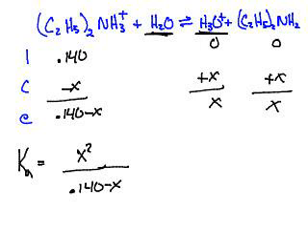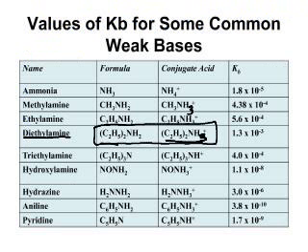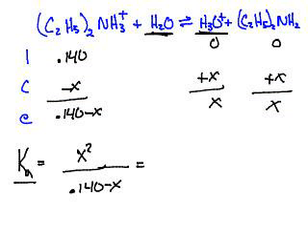Now I must use the Ka value. So if I go back to my table, we find that the Kb is 1.3 times 10 to the minus third. That's the value from the table. So let's save this for a moment.